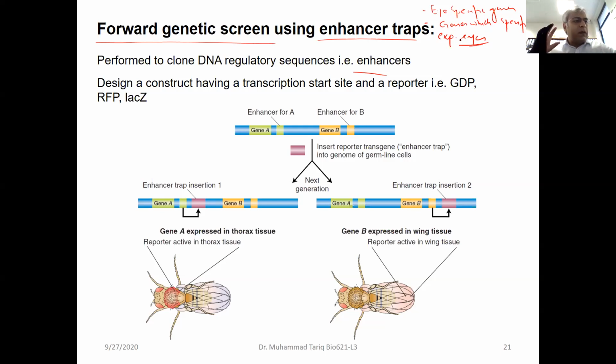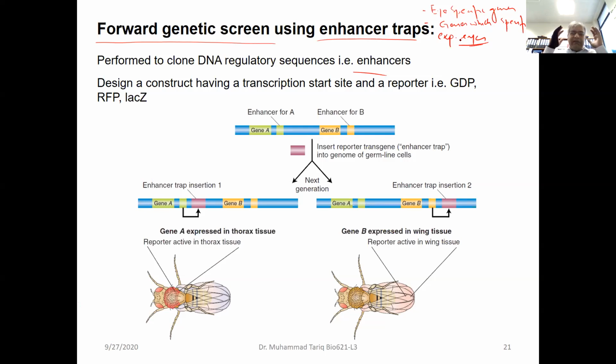So the genetic approach will be that if we know the regulatory regions of eye-specific genes, we will know all the genes which are expressed in eyes.